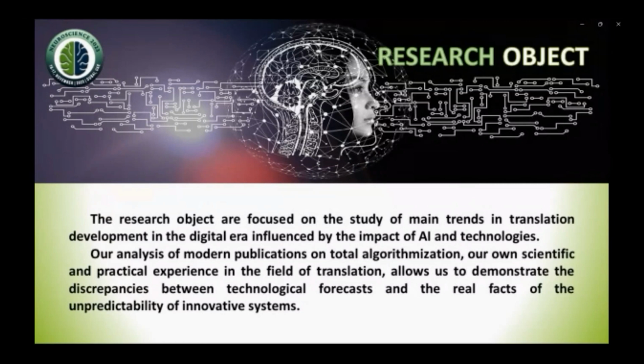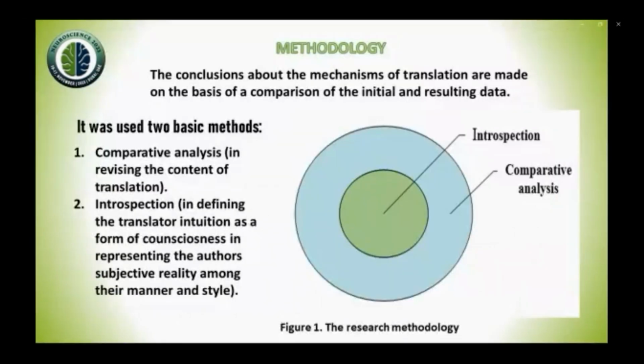My analysis of modern publications on total algorithmization, my own scientific and practical experience in the field of translation, allows us to demonstrate the discrepancies between technological forecast and the real facts of the unpredictability of innovative systems. About methodology. The conclusions about the mechanism of translation are made on the basis of a comparison of the initial and resulting data. Two basic methods were used.